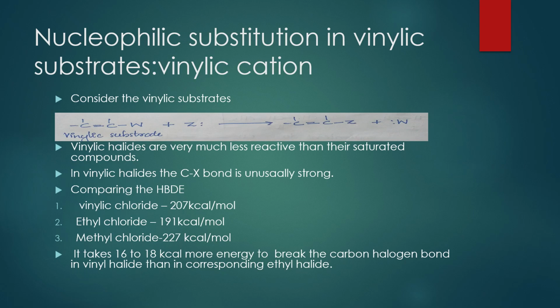Vinyl cation is a primary cation, and ethyl cation is also a primary, but ethyl cation is more stable, and it is comparatively easy to form ethyl cation than vinyl cation. That is why vinyl halides are less reactive towards nucleophilic substitution.